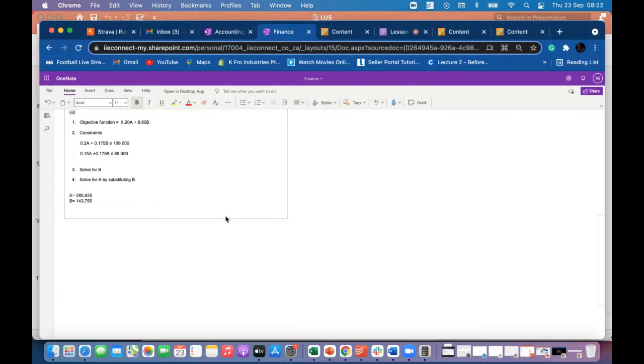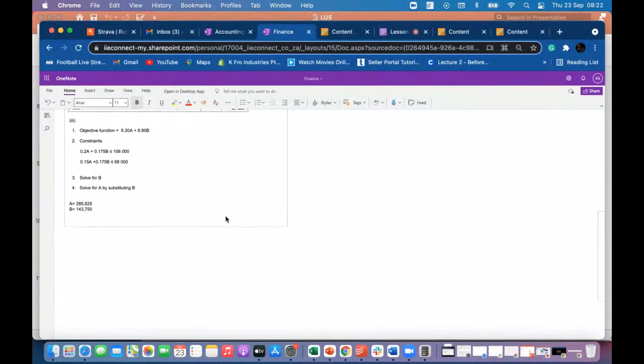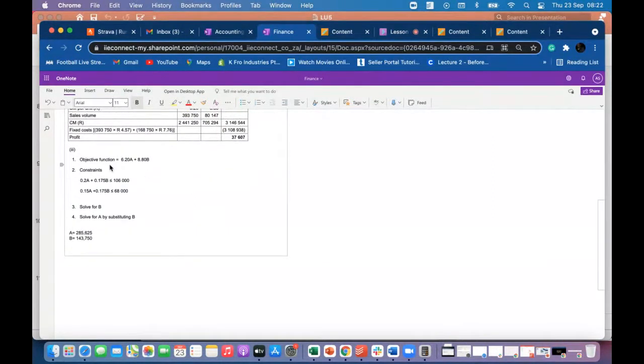So this is pretty much taking something from our learning unit 4. Here we have to first put together the objective function. Remember, the objective function is to say, what is the marginal income that we get from product A?